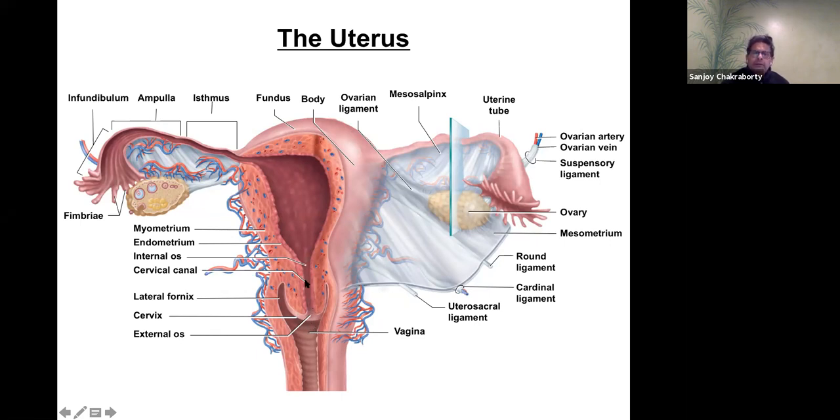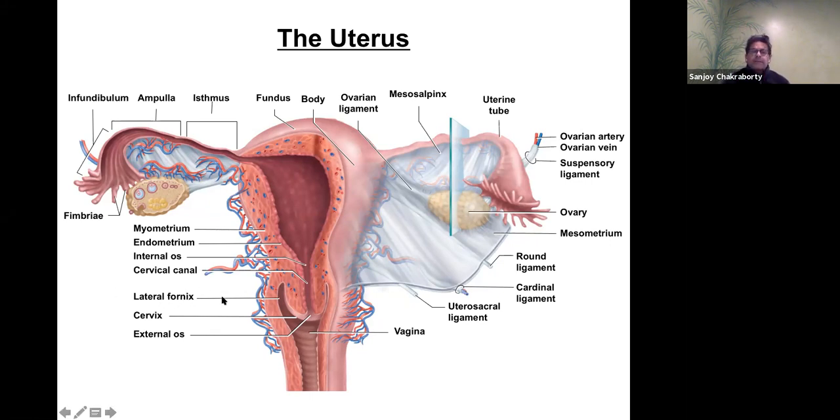Now on the side, when the cervix goes down into the vagina, these two sides are known as lateral fornix in some books, because depending on the cut, this cut is like this way. They're cutting the coronal section. But if you cut it this way, some books will refer to the anterior and posterior fornix.